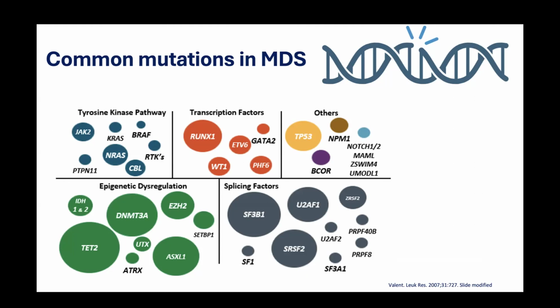Granted, others doesn't count as a clear category, but we have the tyrosine kinase pathways, the transcription factors, epigenetic dysregulation, and splicing factors. So if your doctor tells you you have a mutation in DNMT3A, I know that that means there's a mutation in an epigenetic dysregulation gene.